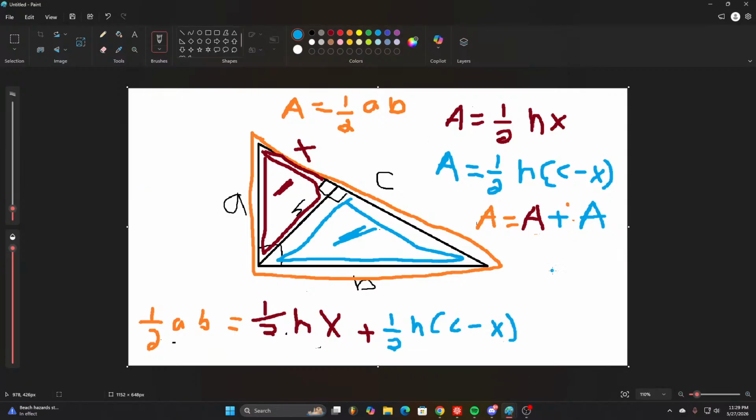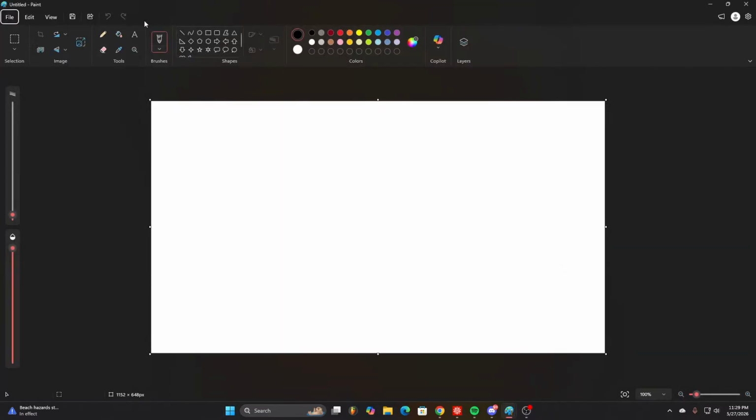Beautiful. Let me open up another Paint tab and rewrite the equation that we just made.